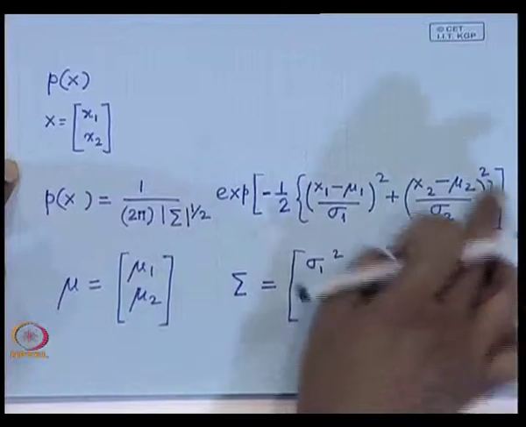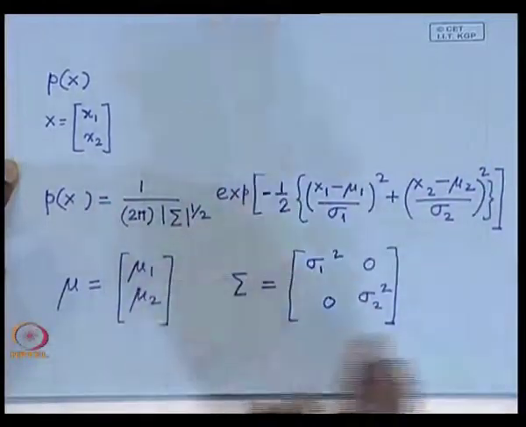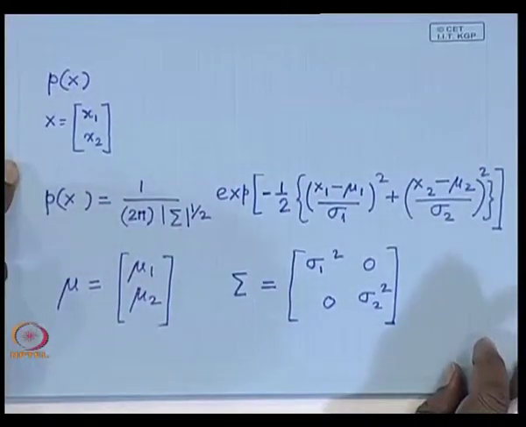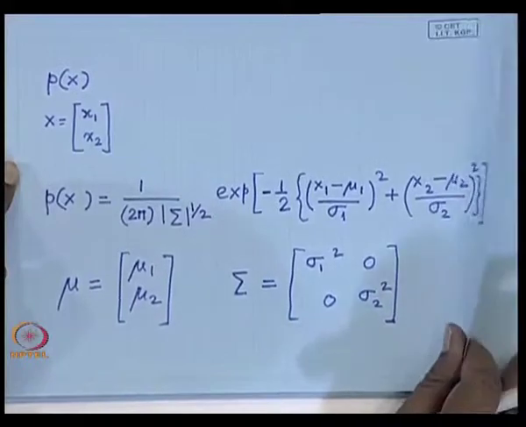So, what is the physical interpretation of this particular bivariate normal density function? Let us draw this 2-dimensional space or 3-dimensional space, because x 1 x 2 are two axes of the sample points and the density function is p x, which is the third dimension.